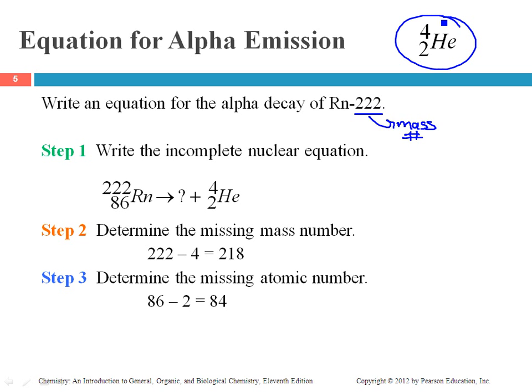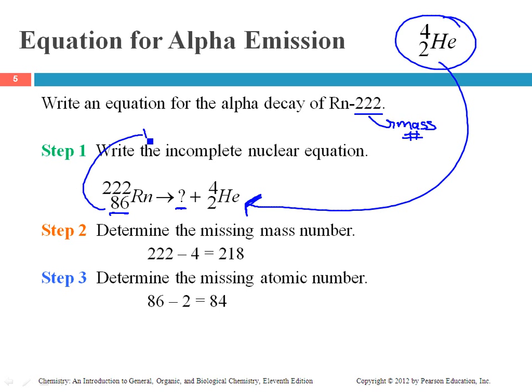And if it's decaying, that means we're emitting helium to the product side. We've got to have it balanced, and we don't know what our nucleus is there. And we know that if we find radon on the periodic table, it's going to have an atomic number of 86. That's where this number comes from.